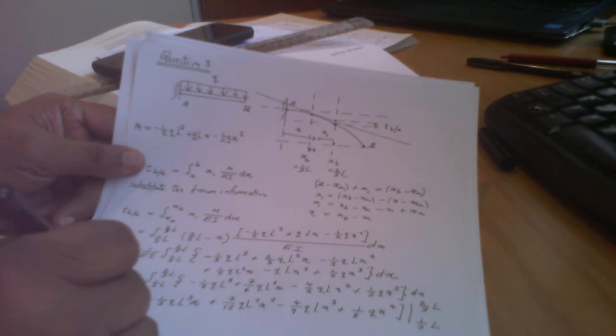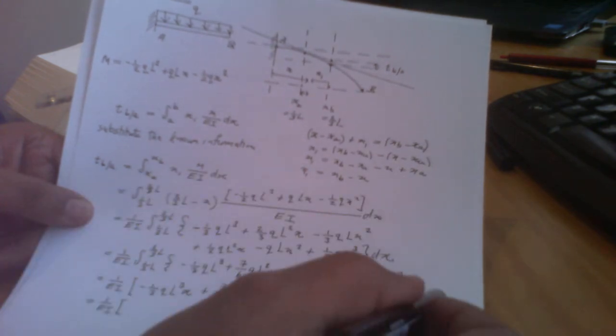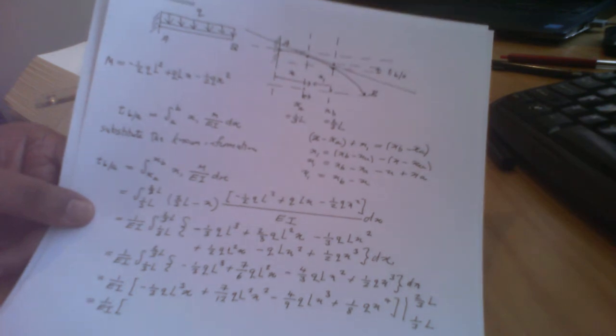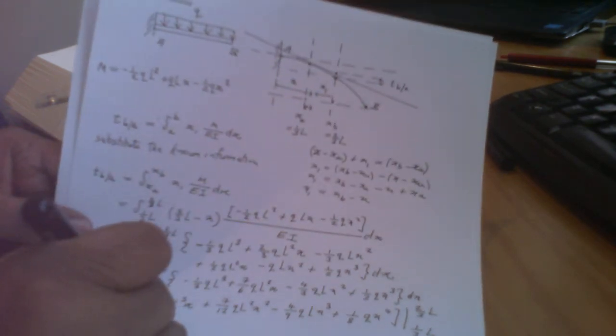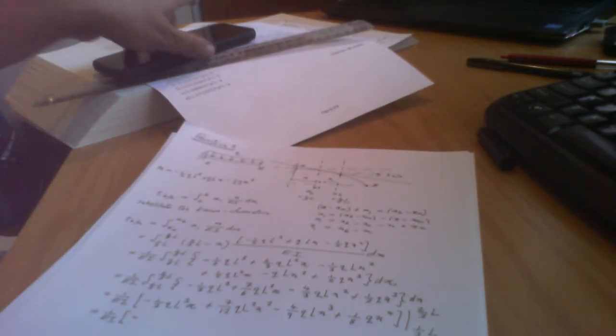So this would be 1 over EI, open the square bracket. x at the top is 2/3, so minus 1 over 3 times 2 over 3. We would have to work it out.